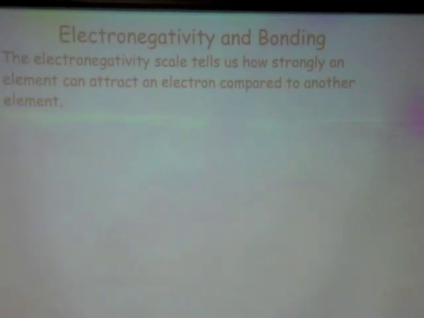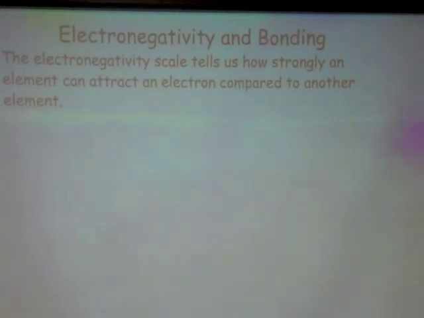Now I want you to think about it for a minute and think about, well, what are the things that would make one element more electronegative than another? Where on the periodic table do we find elements that have very low electronegativity?